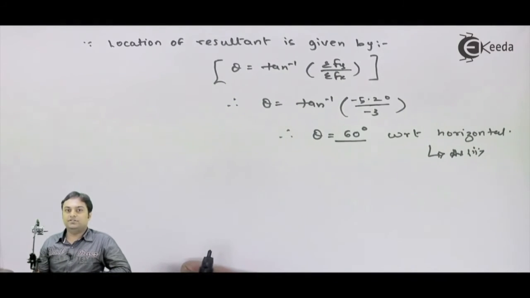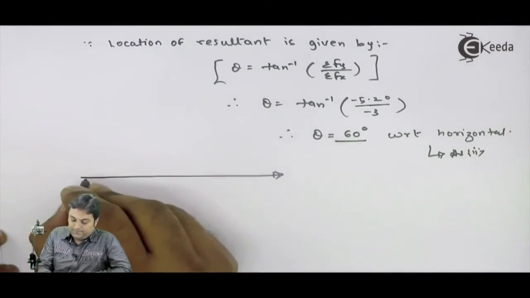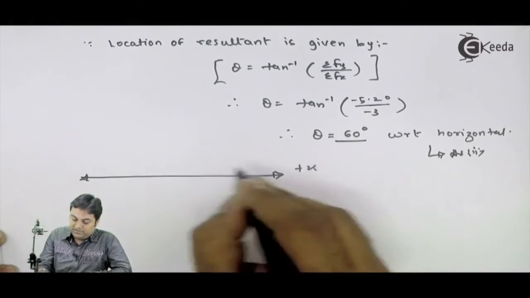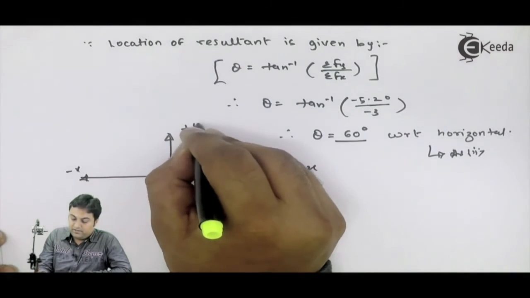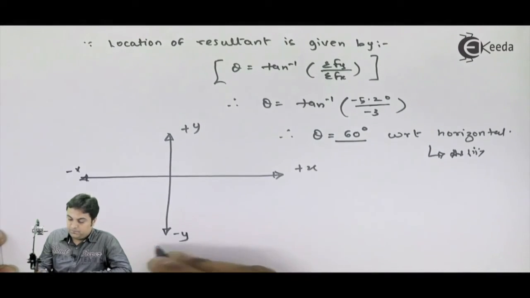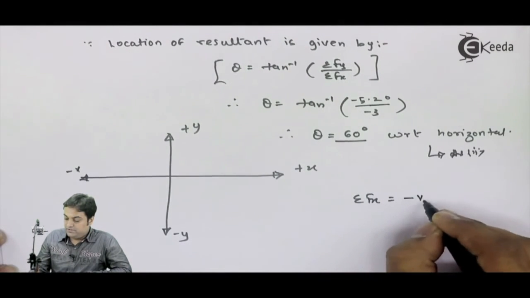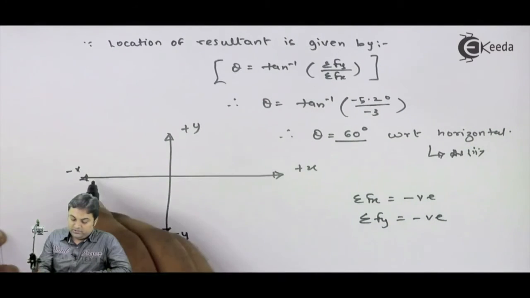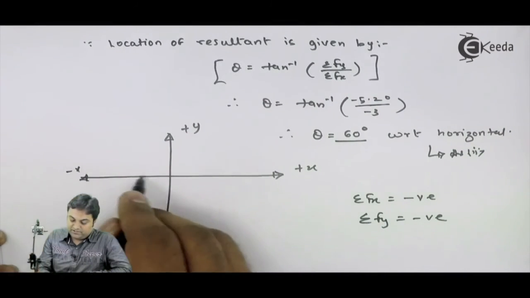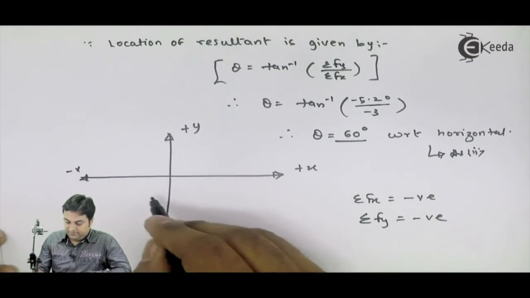Now I can show the resultant on a diagram. I will mark the axes as positive x, negative x, positive y, negative y. Since summation Fx was negative and summation Fy was also negative, summation Fx negative means negative x, and summation Fy negative means negative y.